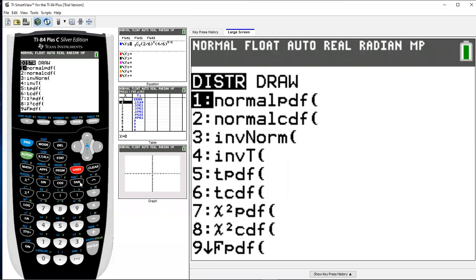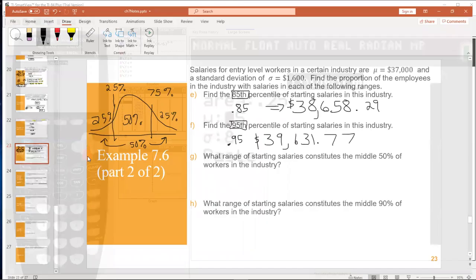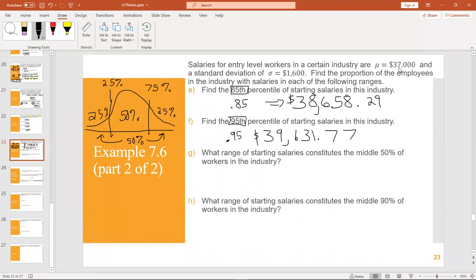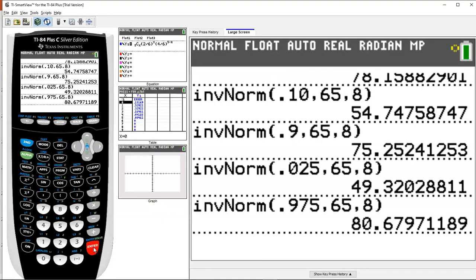So we're going to pick the inverse normal function again. We want the 25th percentile, 0.25. The mean is 37,000. 1,600 is the standard deviation. So we work out what that is.